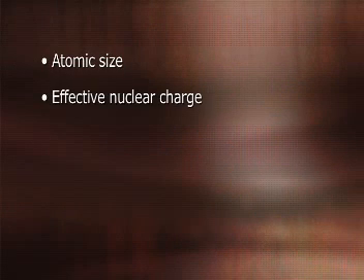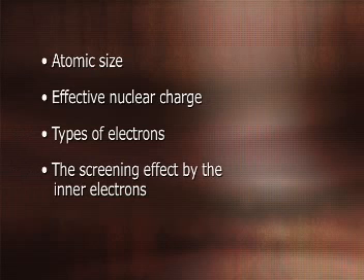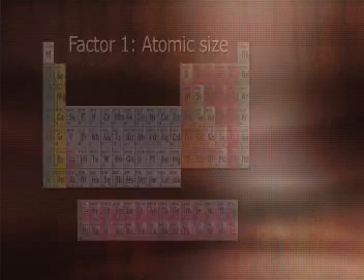There are several factors that can affect ionization energy, including atomic size, effective nuclear charge, types of electrons, the screening effect by the inner electrons, and electron configuration. Let us go through each factor in more detail.